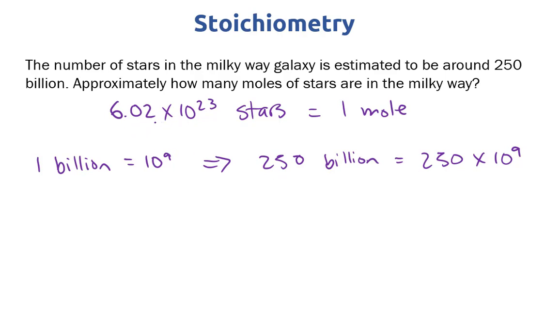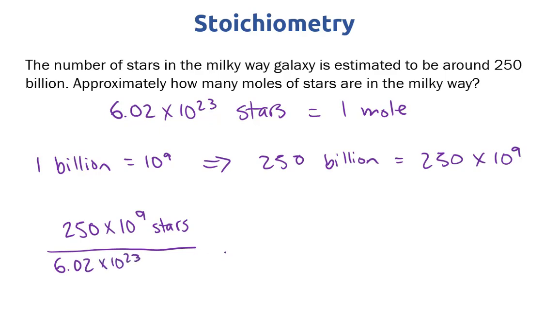Likewise, if we want to turn this into moles, we would divide by the number that makes up 1 mole. So how that's going to work is we're going to say, well, we have 250 times 10 to the power of 9. That's how many stars we have. Then we're going to divide it by this quantity here, the 6.02 times 10 to the 23.